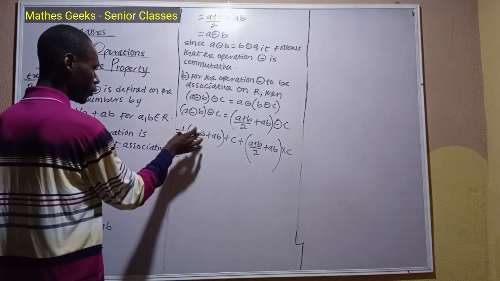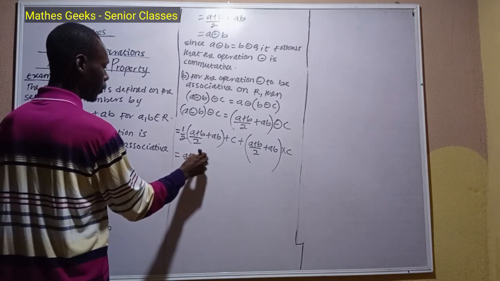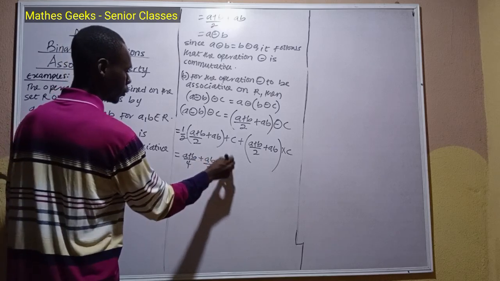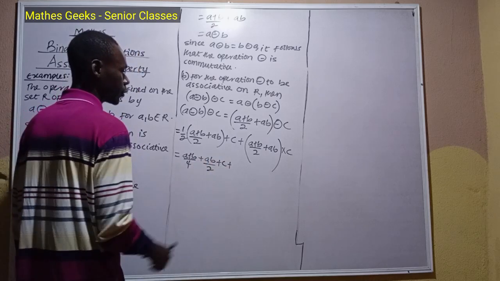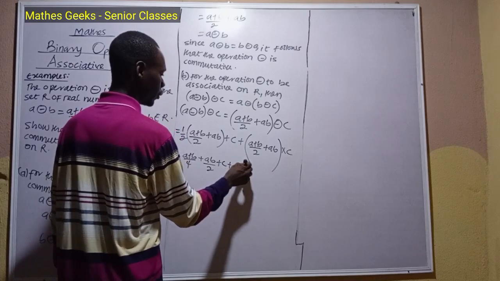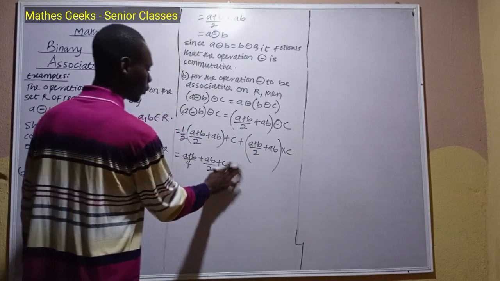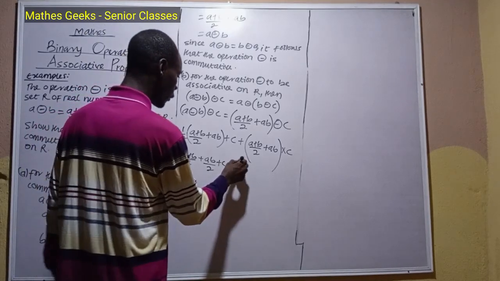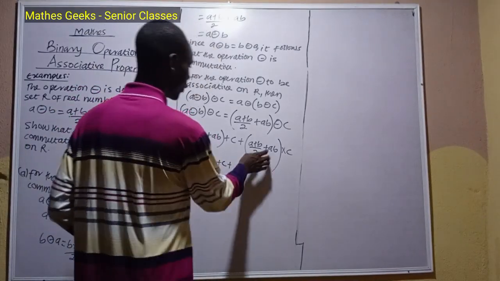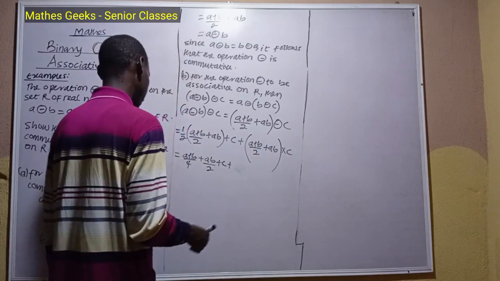So A plus B gives us A plus B over 4 plus AB over 2 plus C plus A plus B over 2 times C. First of all, there's something we need to do here. Let's simplify this part, what we have inside the brackets.